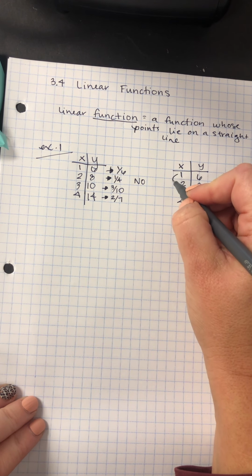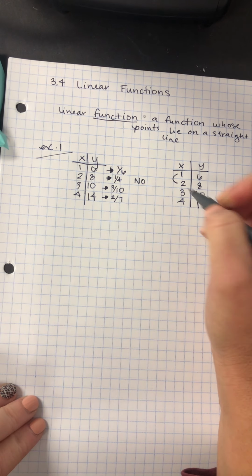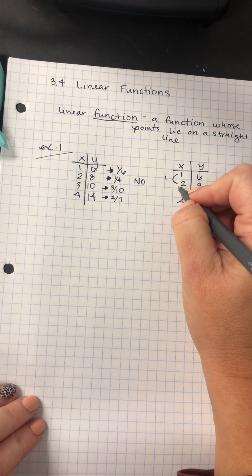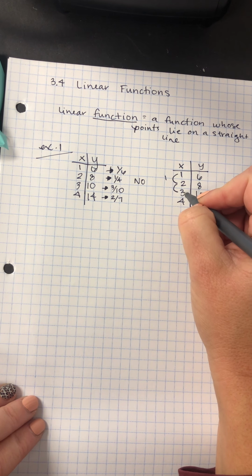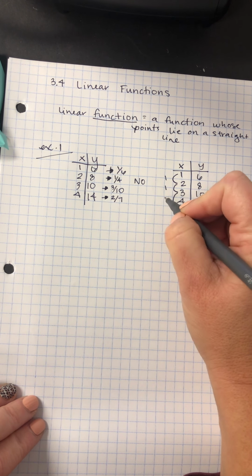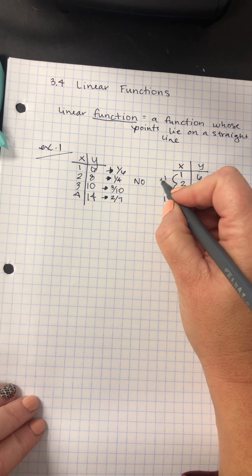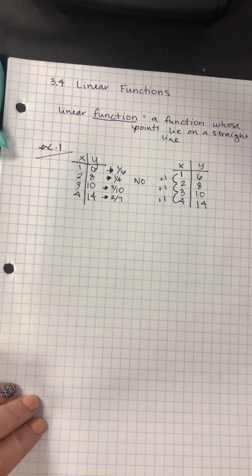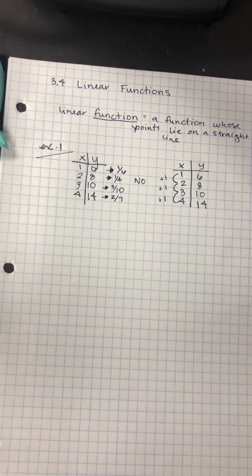So the change between 1 and 2 is 1. The change between 2 and 3 is 1. 3 and 4 is 1. They were all plus 1, right? We added. So far we're on track for a straight line, right? Because those are all the same. Does that make sense? You guys with me?